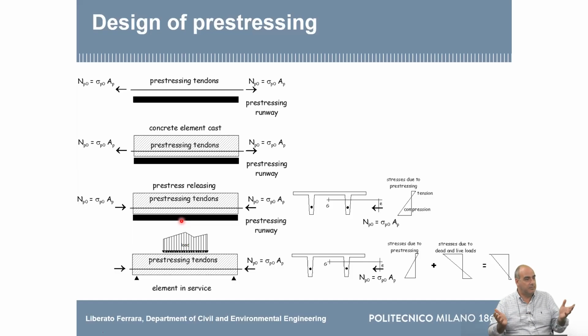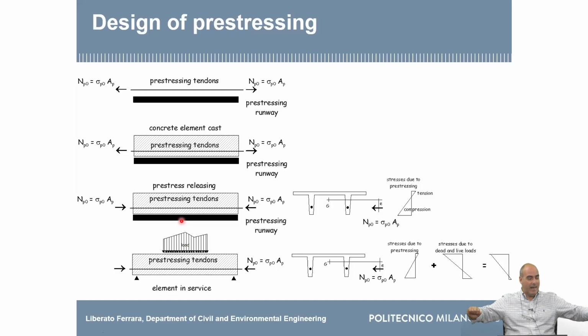They are free. They are absolutely free. So if they break, they are like a whip which goes throughout the factory. So there is generally a protected space where the operator is to activate the pre-tensioning. And when this happens, before the concrete comes, nobody should be around.